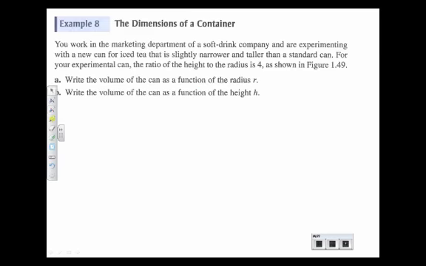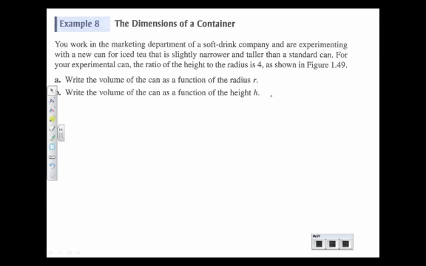Example 8, dimensions of a container. You work in the marketing department of a soft drink company and are experimenting with a new can for iced tea that is slightly narrower and taller than a standard can. For your experimental can, the ratio of the height to the radius is 4.